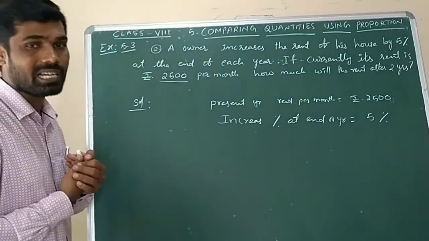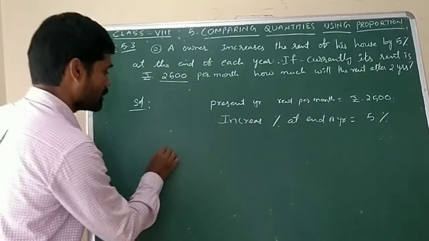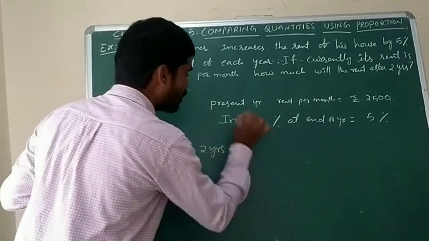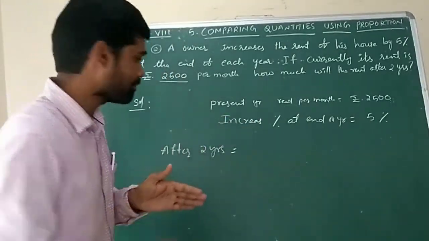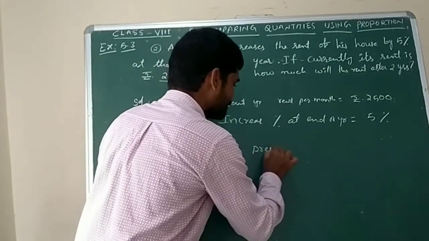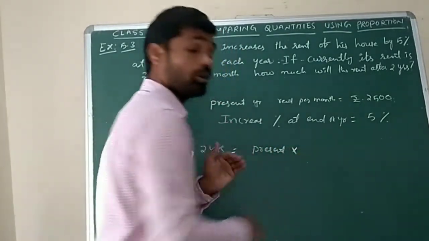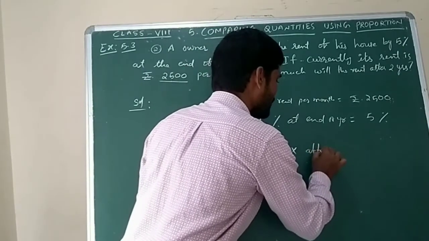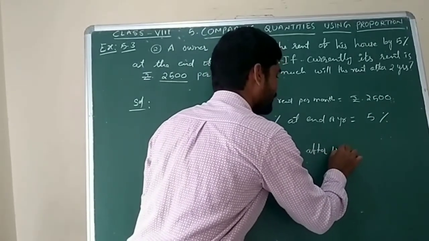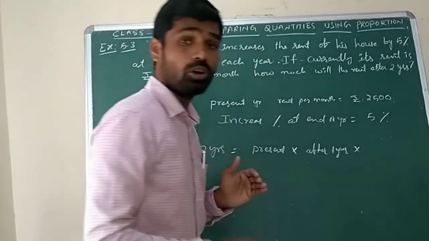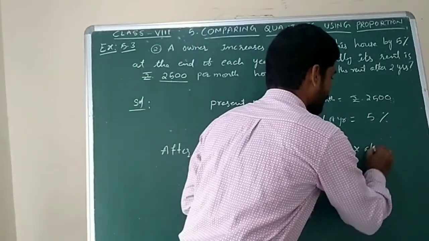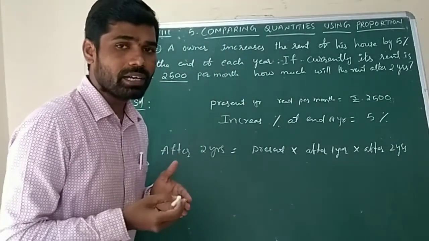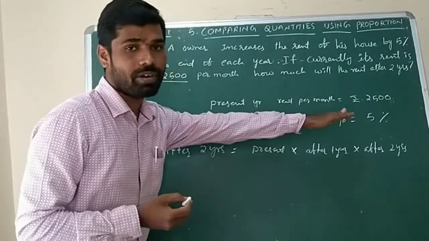After how many years is he asking? After 2 years. So how to write it? Let us write the present into after 1 year, into after 2 years. Every year, we know very well, the percentage is increasing by 5%.